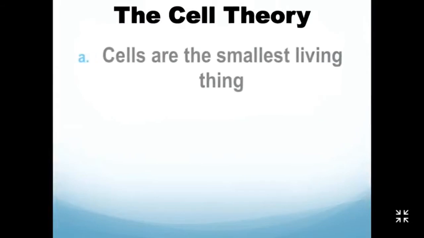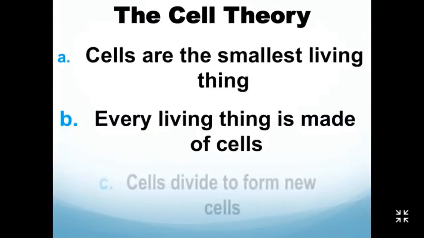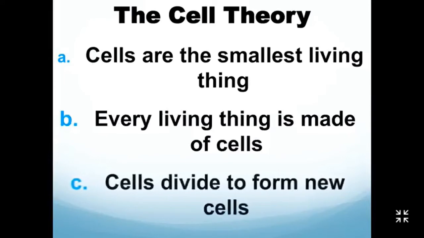Now let's proceed to the cell theory. Because of this discovery, which started from Anton van Leeuwenhoek and also Robert Hooke, scientists later discovered a lot more about cells using more powerful microscopes.